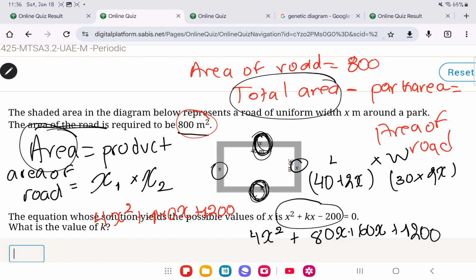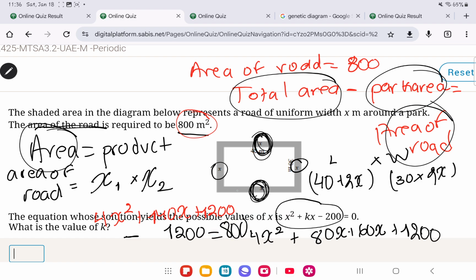Now we are gonna subtract the park area. The park area is very simple. It's length times width, which is 40 times 30, which is 1200. So it's gonna be this minus this. Now we know it's equal to the area of the road, which is 800. So 4x squared plus 140x plus 1200 minus 1200, which is the park area, is equal to 800.